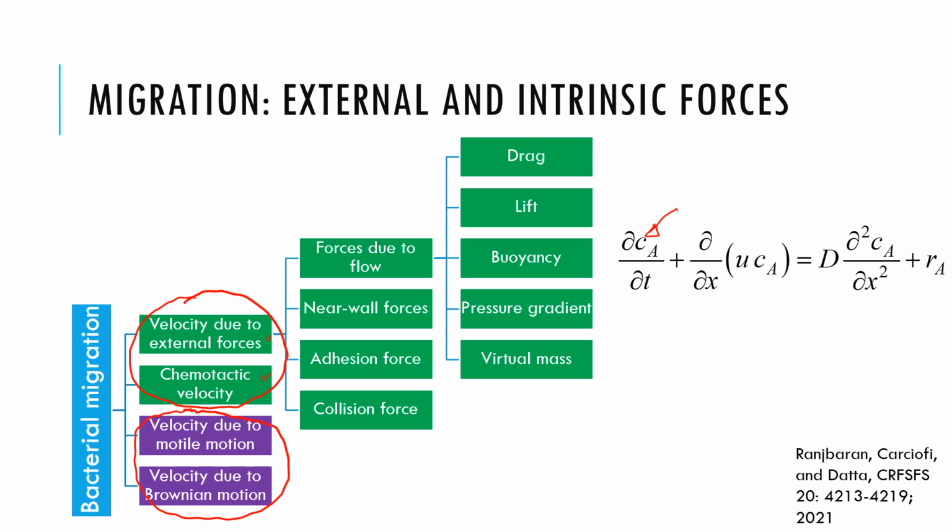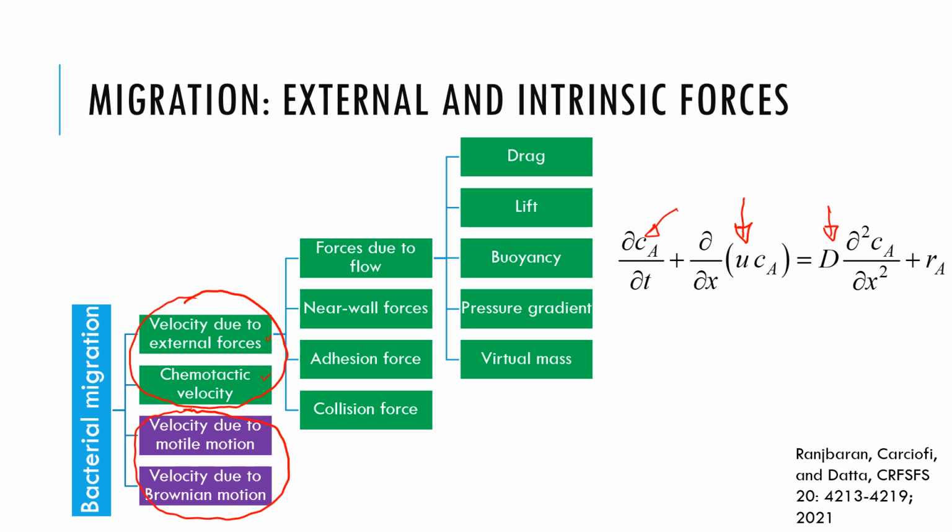So if we break down all of these, we see that we can have a mechanistic framework on trying to get either the velocity term for the bacteria or the diffusion term for the bacteria.